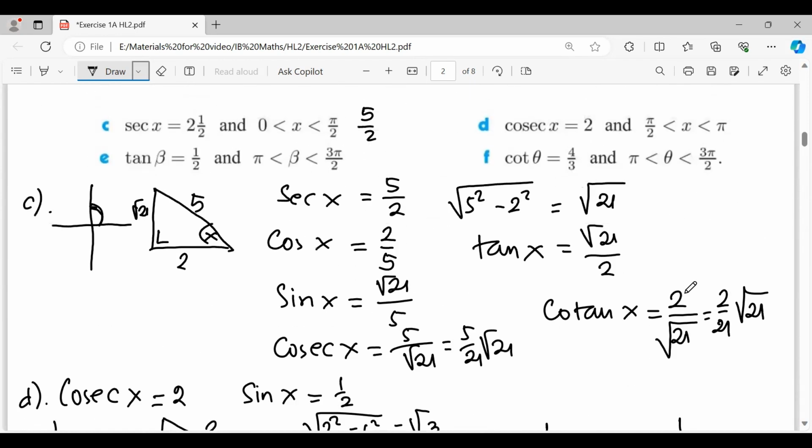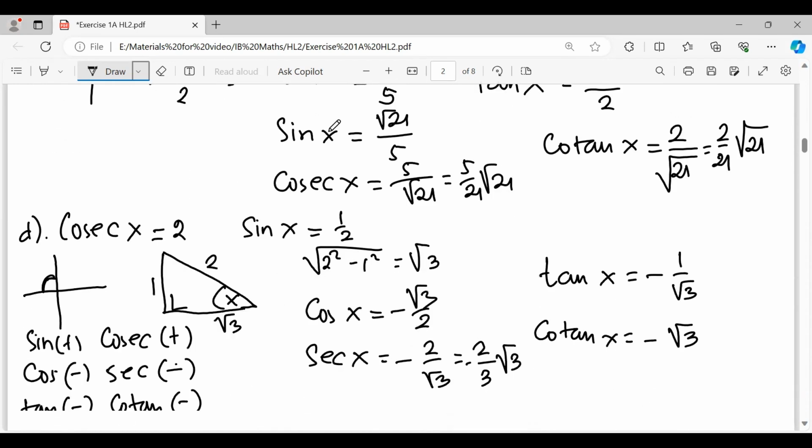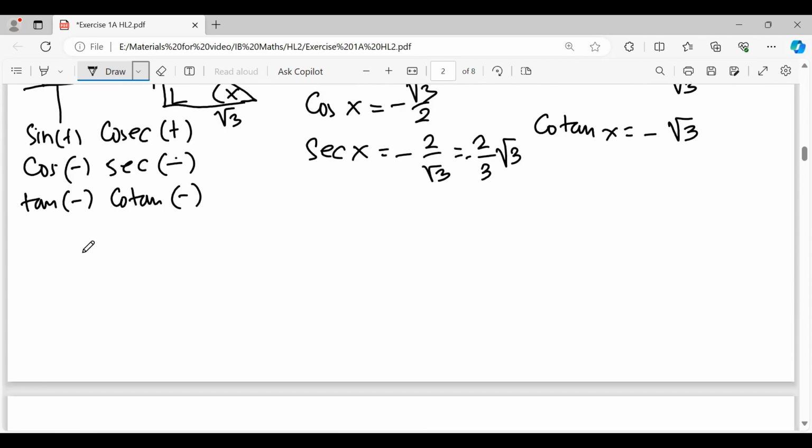What else? E. Tangent beta equals half, and beta is in the interval pi to 3 pi half. Okay, the interval on this quadrant 3.